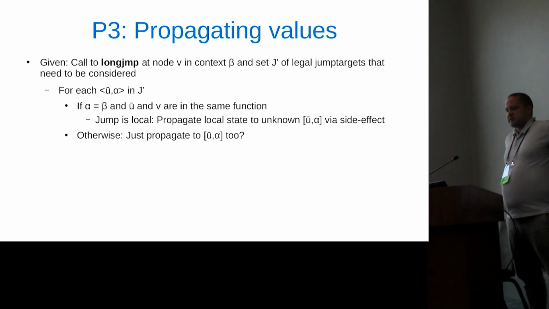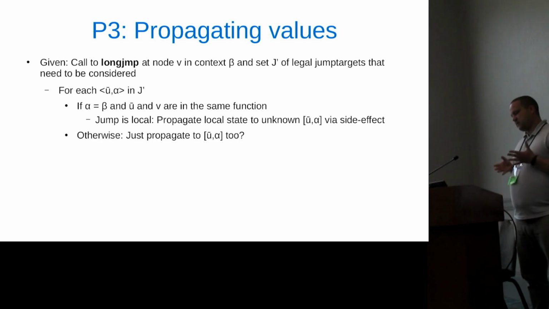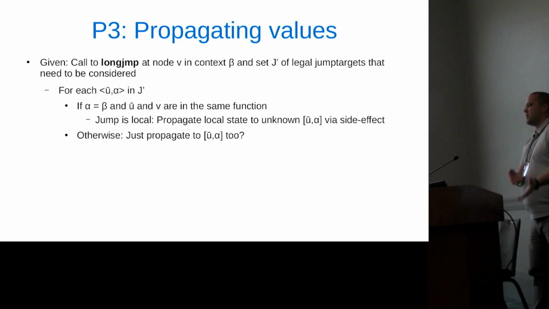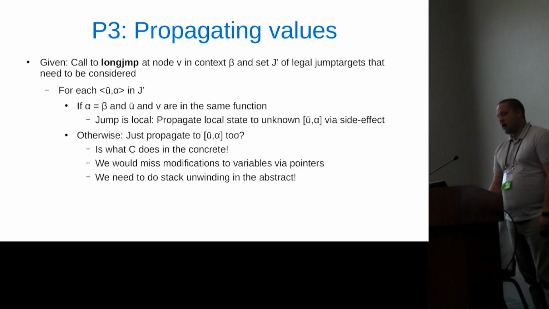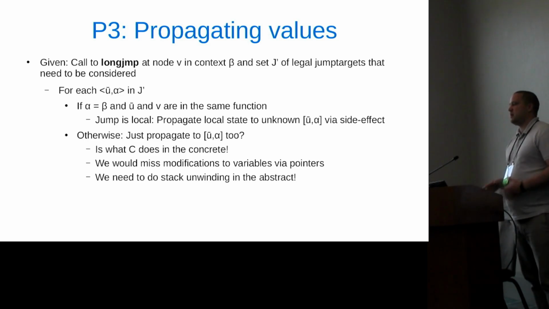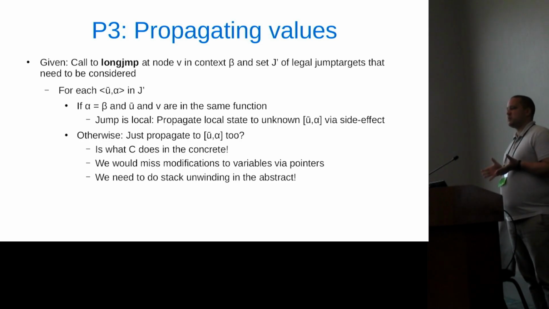Otherwise, what do I do if it's not local? It might be tempting to just do the same and say, well, I can just propagate to this unknown nevertheless, which is actually also what C does. So C doesn't do any sort of stack unwinding here. However, this is problematic. In the abstract, we cannot do this because we would miss modifications to variables that happen via pointers.